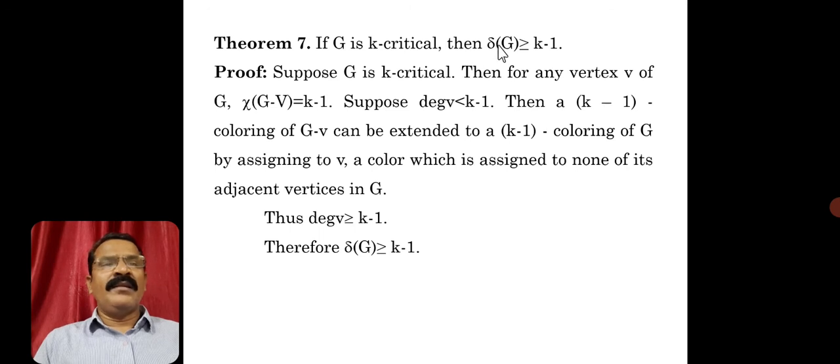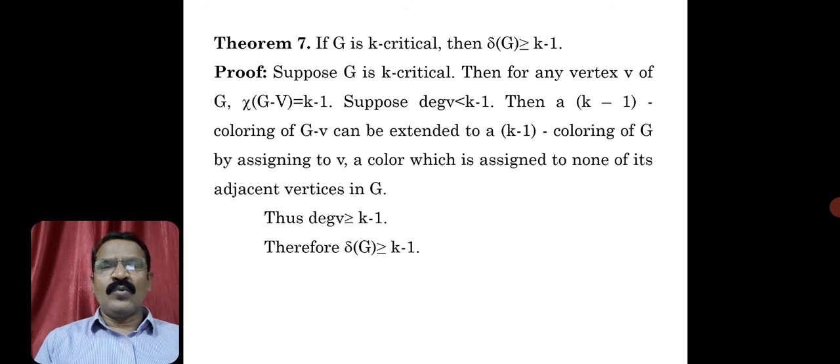Here delta G is the minimum degree of the graph. We know amongst all the vertices, the vertex with the least degree gives the minimum degree of the graph, and the vertex with the maximum degree gives the maximum degree of the graph. If I consider K3, the degree of every vertex in K3 is 2, because every pair of its vertices are adjacent.